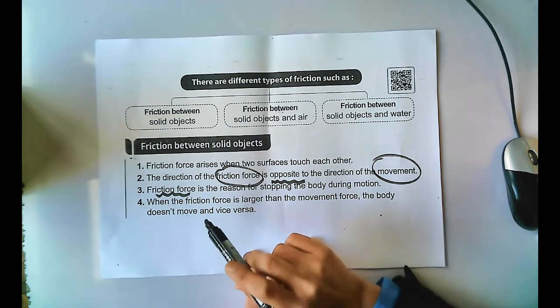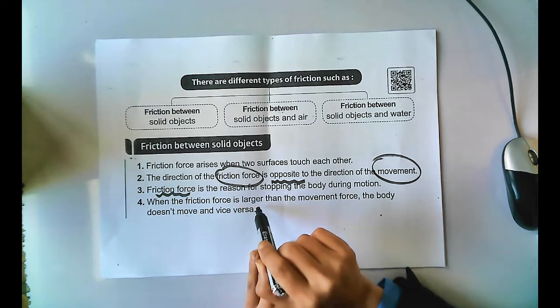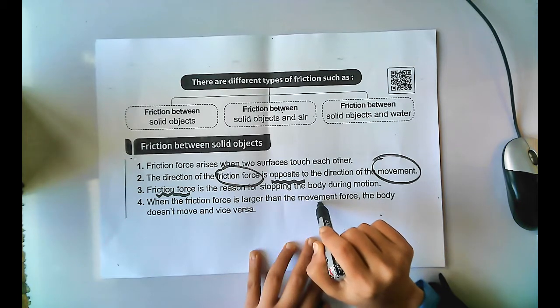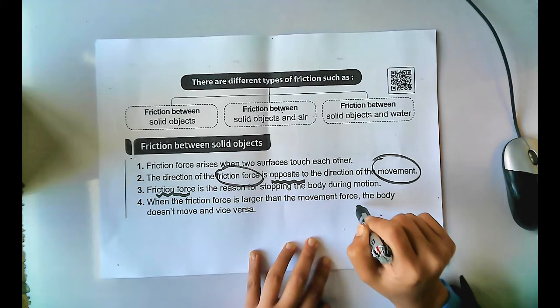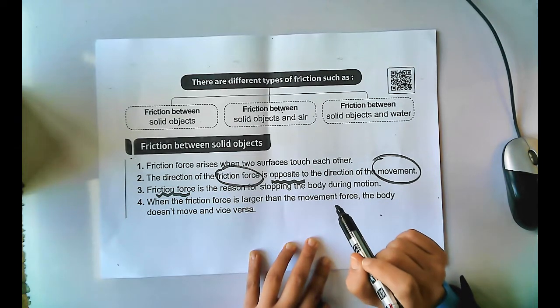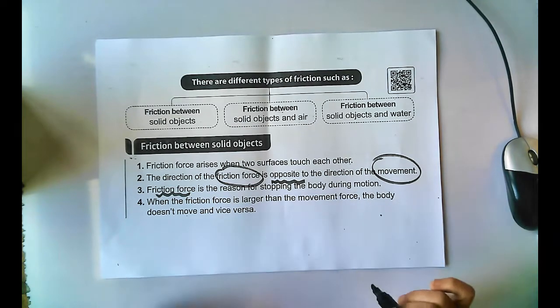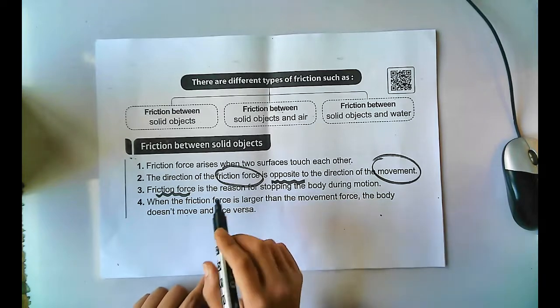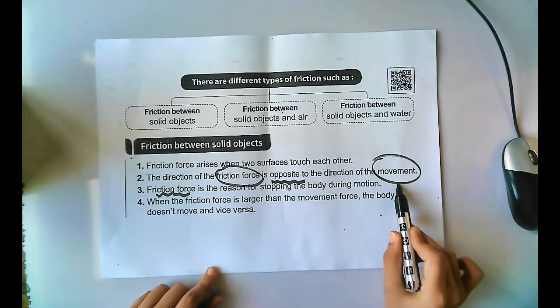Okay, when the friction force is larger than the movement, the body doesn't move, and vice versa. What's meant by that? Of course, you know that the friction is opposite to the movement.